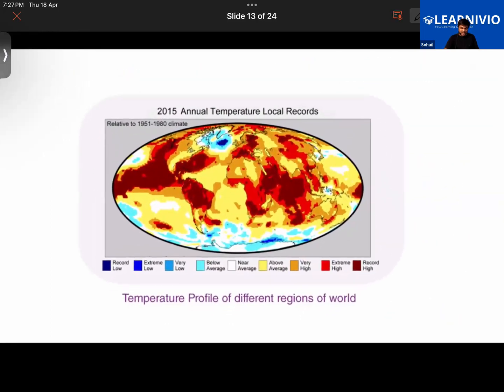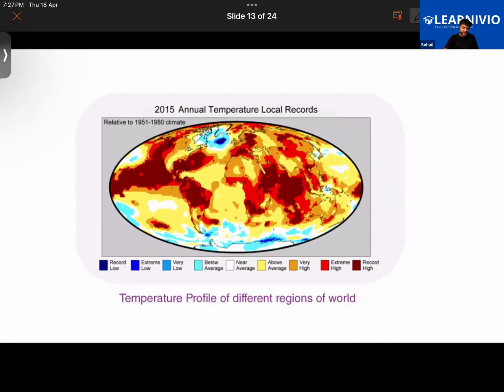Why this image? You can see this is the annual temperature local records of the year 2015. Now here, look at the temperature of different parts of the world. The ones that are in red and this color have recorded the extreme temperature conditions.